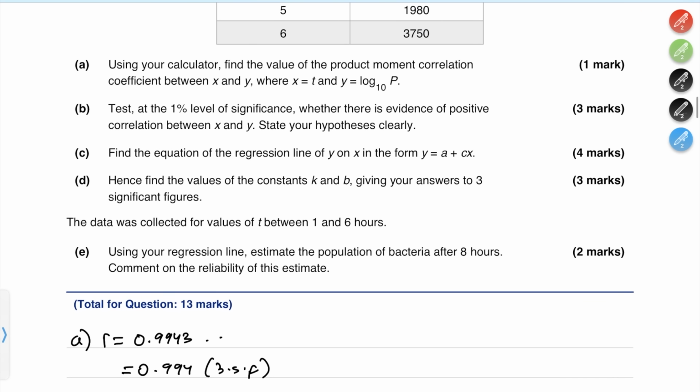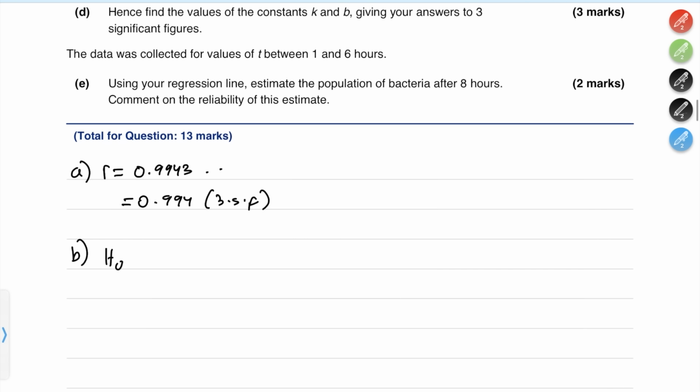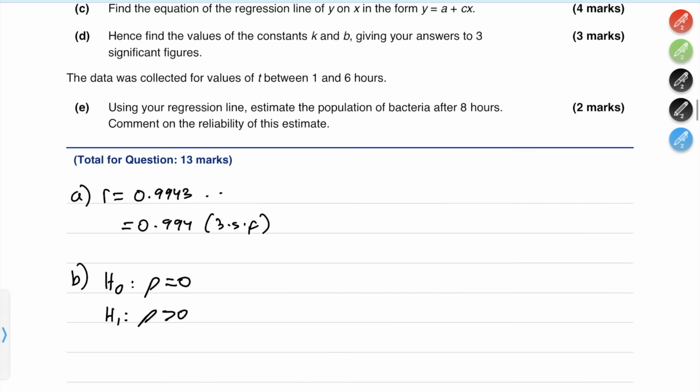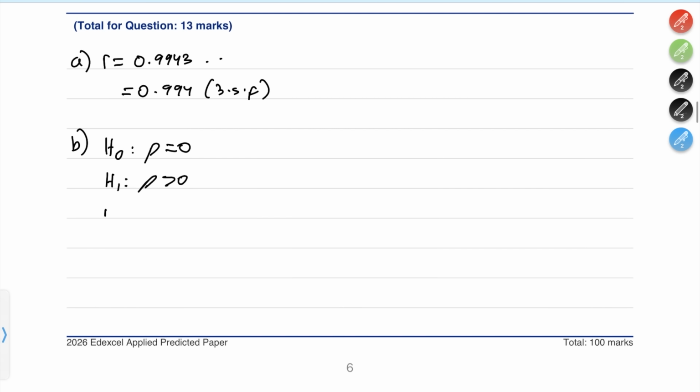Now for part B, test at the 1% level of significance whether there is evidence of positive correlation between X and Y. First of all, let us define our hypotheses. H1 would be P is greater than 0. We've got 6 values here, so N equals 6, 1% significance level, and it's a one-tailed test.